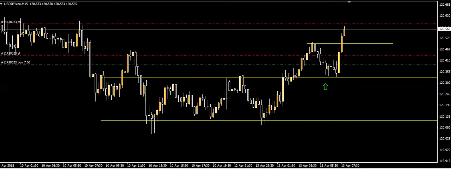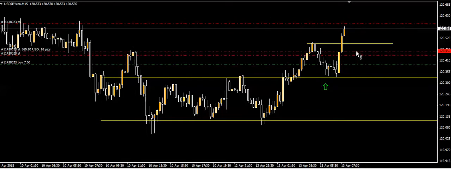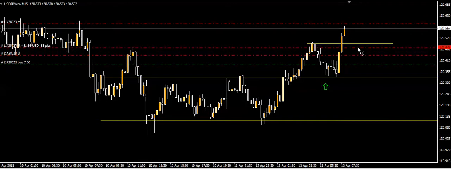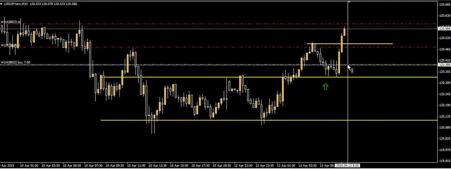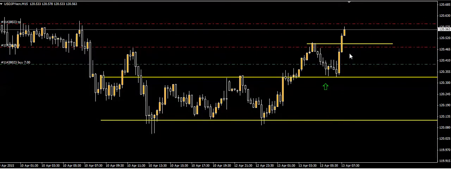But I'm a disciplined trader and I believe it's going to go to my take profit and actually continue rallying. So I'm going to take everything that I need to take and then call it a day. But for right now, I'm going to move my stop loss much closer. So now I've locked in at least 8 pips, and let's see what happens.